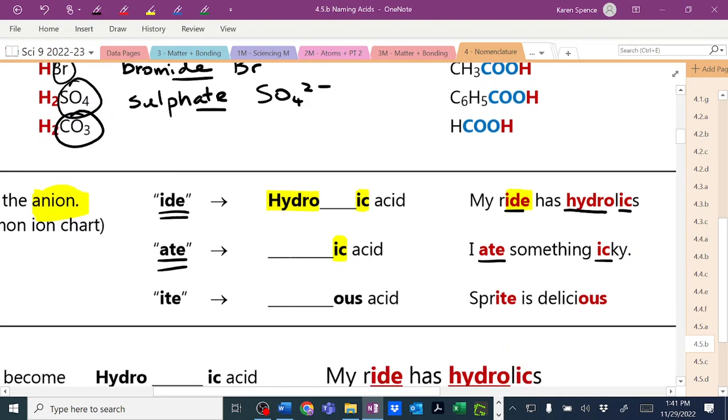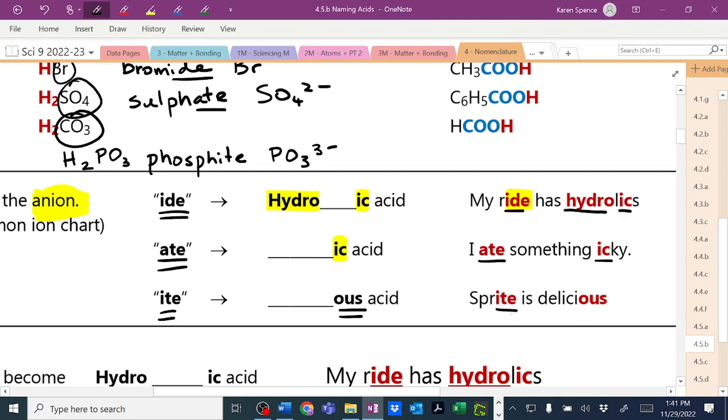And finally, we have ite. So let's say we had H2PO3, which is the phosphite ion, PO3, 3 minus. If we have ite, instead of an ic acid, we have an ous acid.